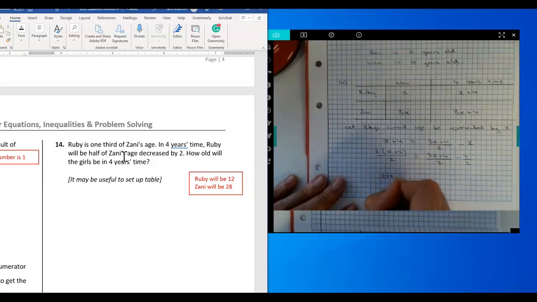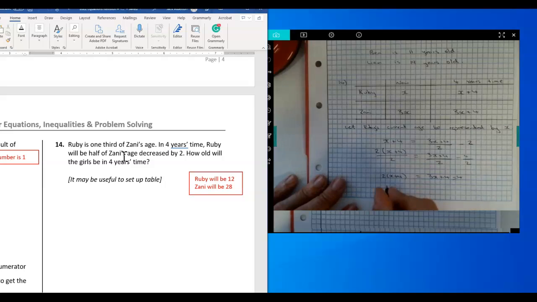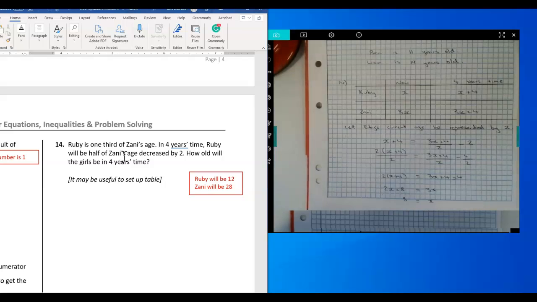So 2 by x plus 4 is going to be equal to 3x plus 4 minus 4. Well, those are going to go away. Here we've got 2x plus 8 is equal to 3x. If I subtract 2x from both sides, I'd be left with x here. And then therefore x is equal to 8.